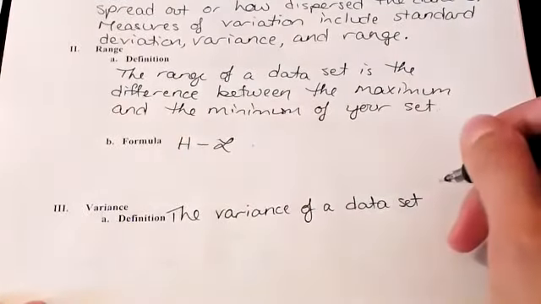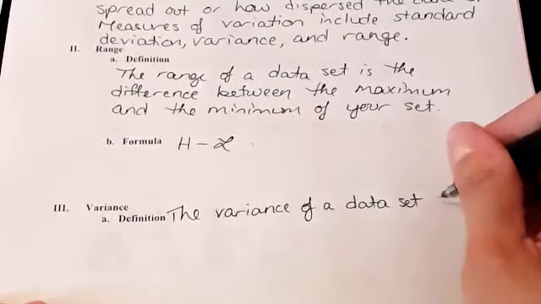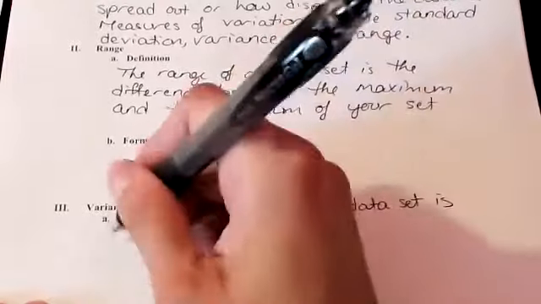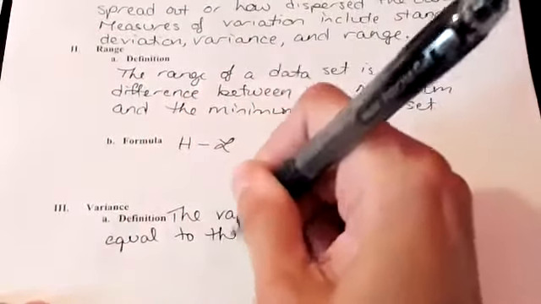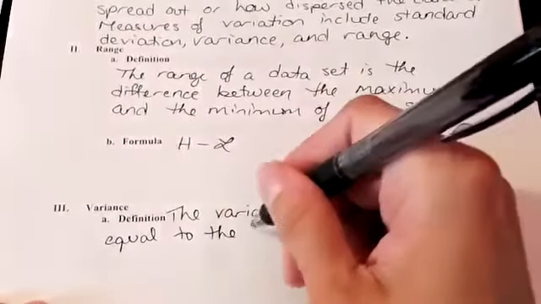The variance of a data set is equal to the square of the standard deviation.